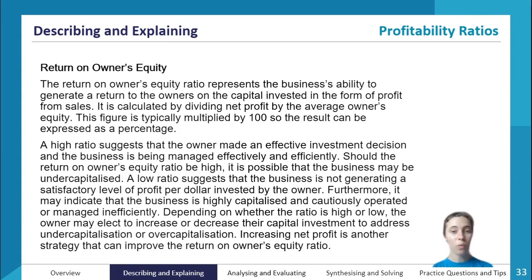So depending on what the result is, whether it's high or low, the owner may want to increase or decrease their capital investment to address under or over capitalization. And then increasing the profit, the net profit, is another strategy that can improve this as well. Of course, the net profit is something that's part of that calculation. So changing that is going to improve it if you increase it.